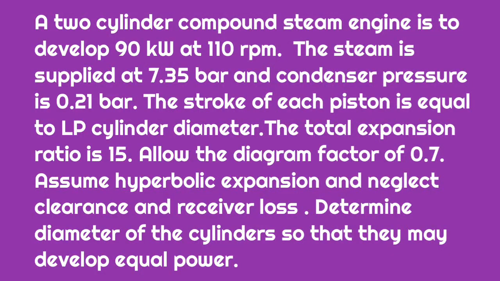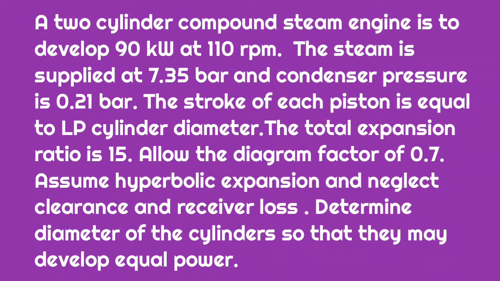So this is the indicator diagram for given condition. Now we will solve one problem. I will read what is the given question. A two-cylinder compound steam engine is to develop 90 kW at 110 rpm. The steam is supplied at 7.35 bar and the condenser pressure is 0.21 bar. The stroke of each piston is equal to LP cylinder diameter.